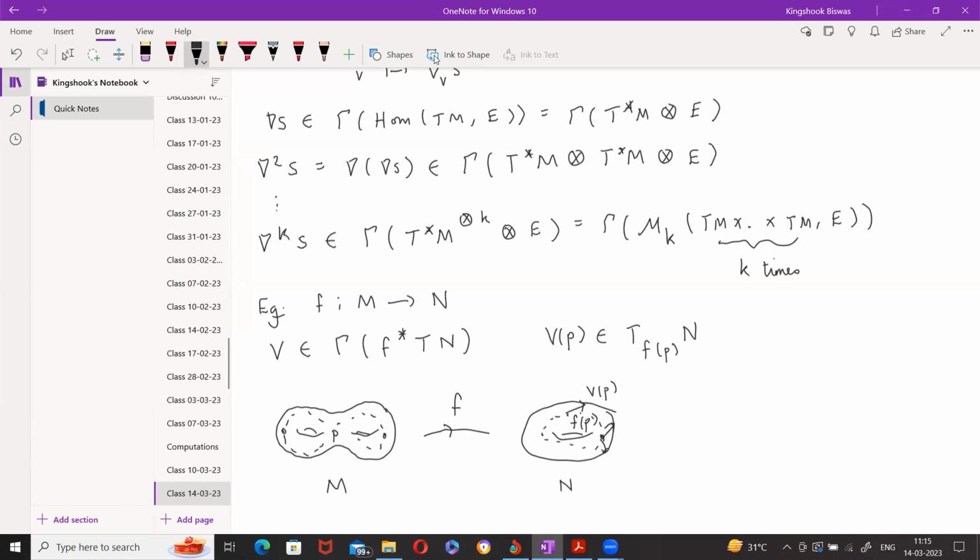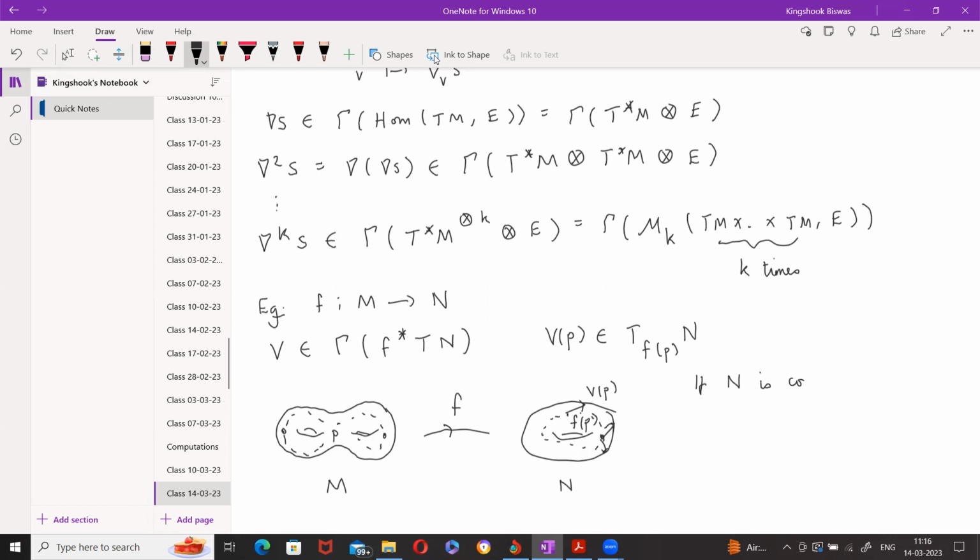And if your target manifold N is complete, right? Even if it's not complete actually, well, if M is compact, then yeah, so maybe I can state it this way.